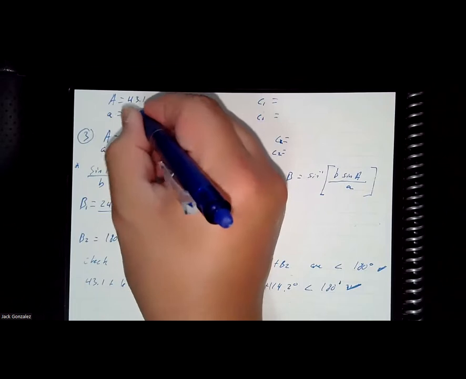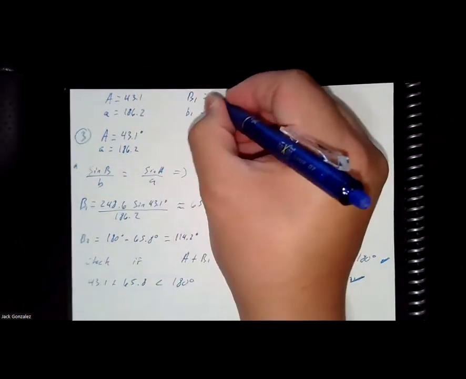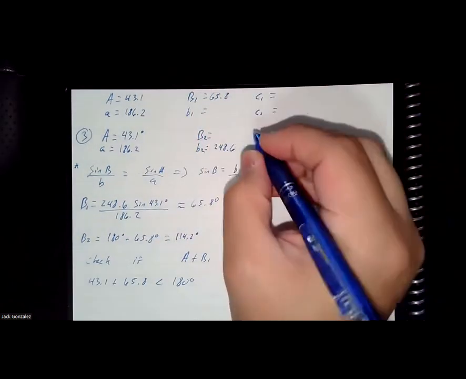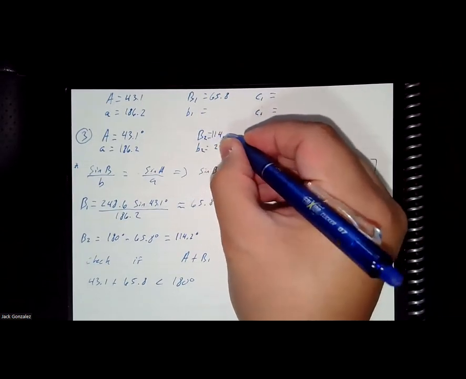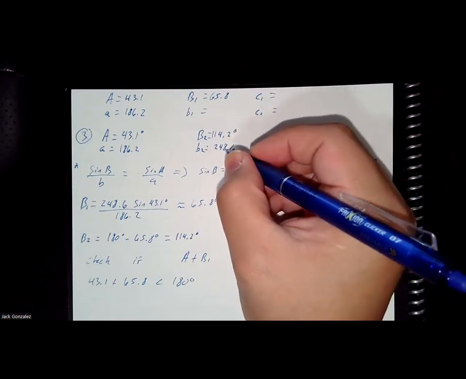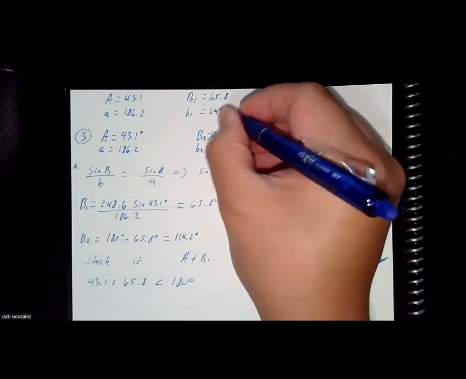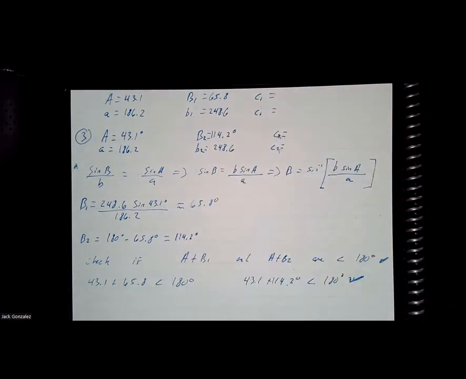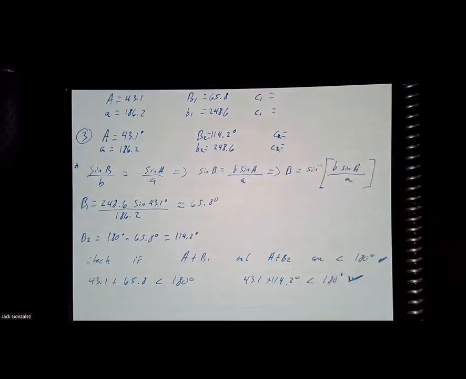These are fixed, so we're good. There we go. Okay. So if I'm B1, that's 65.8. If I'm B2, it's 114.2. The lowercase b1 and b2 are not going to change. Those are also fixed. So all we have to do is find C1 and C2, and that's the opposite side. Okay, and then we're done.